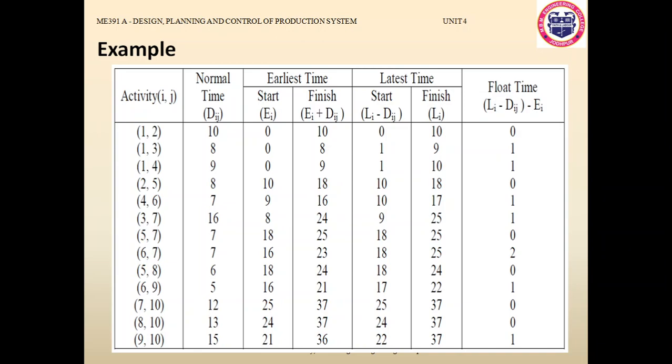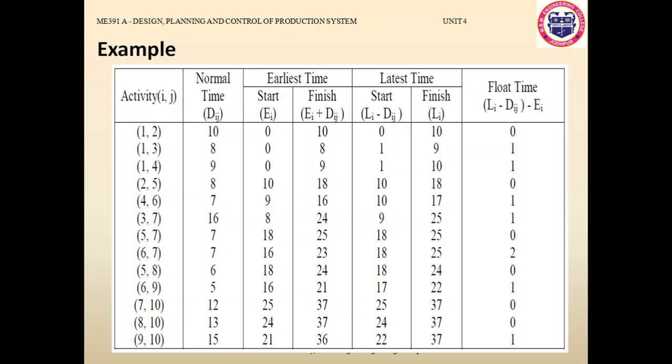Second column is the process time, then we calculate the earliest starting time, then we calculate the latest starting time using that model, and then we calculate the difference between starting time and latest time. So that is known as the float time. So you can see from this table, at least for activity 1 2, for activity 2 5, 5 7 and 5 8, and for activity 7 10 and 8 10, the float time is 0.